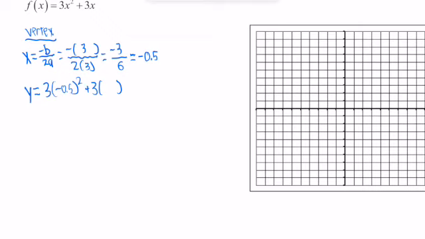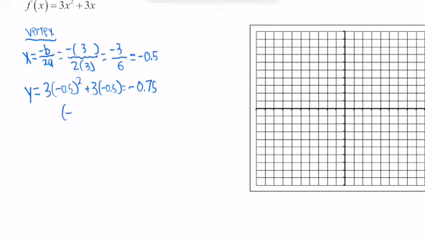So we have 3 times negative 0.5 squared plus 3 times negative 0.5. If we calculate this, we end up with negative 0.75.